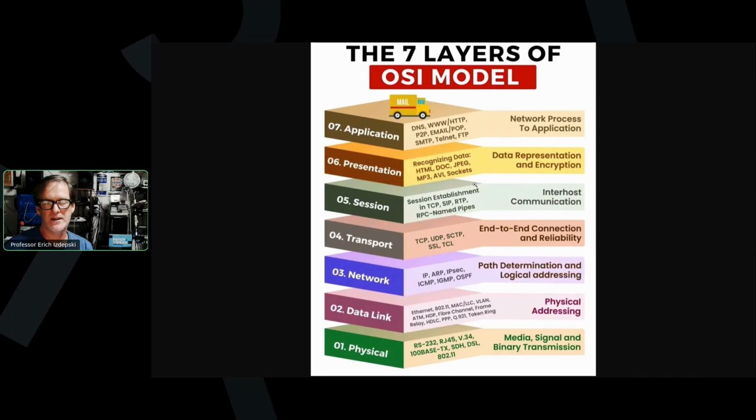MP3, encoding and decoding the data. AVI, which is a video format, encode and decode. So, a very important layer nonetheless. I just want you to understand it's not just about encrypting and decrypting data. It's about encoding and decoding the components in a web page, for example.